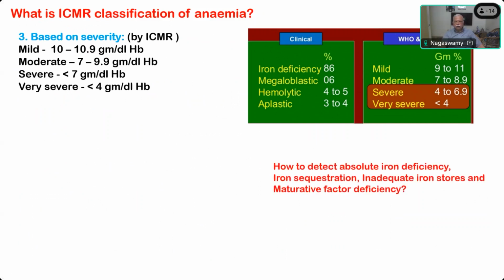Now comes the question, how to detect absolute iron deficiency or iron sequestration or inadequate iron stores and inadequate maturative factor deficiency. What are all the tests which will reveal whether it is an absolute iron deficiency anemia or iron is getting sequestrated and deposited in other areas, or there is an inadequate storage of iron, and whether the factors which are responsible for the maturity of RBCs and the hemoglobin, are they deficient?